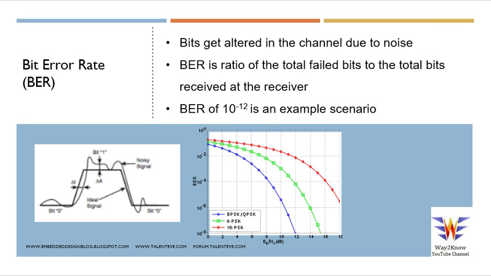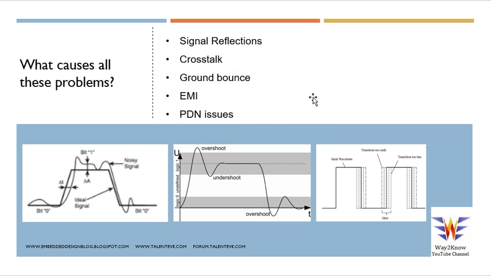And now we are talking about the failure scenarios, but why do these failures occur? So we talked about signal integrity as a term, and we said that due to signal integrity these are the issues that can be seen, but why these issues come up? So we have listed some of the important points here.